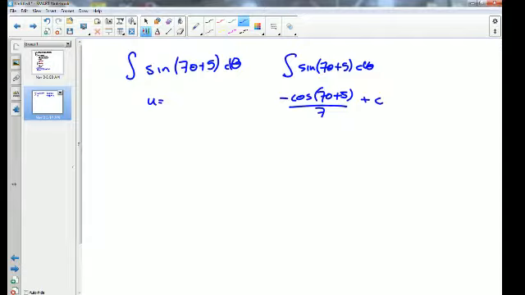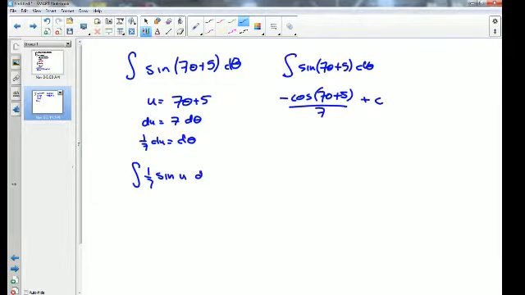Or you can use u substitution to differentiate, right? But there's no 7 here, correct? Correct. So now we have to divide this out and get 1/7. Okay, and substitute. So we'll have the integral of 1/7 sine u du.